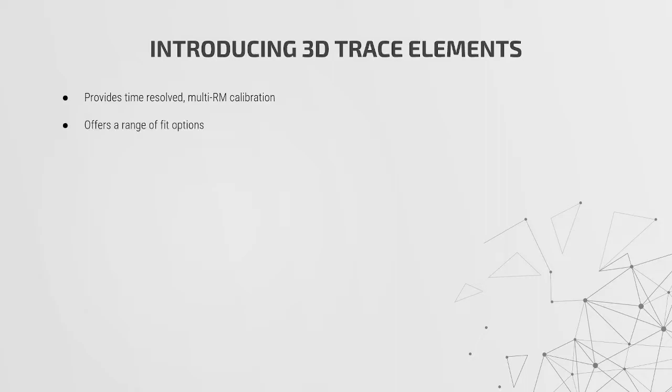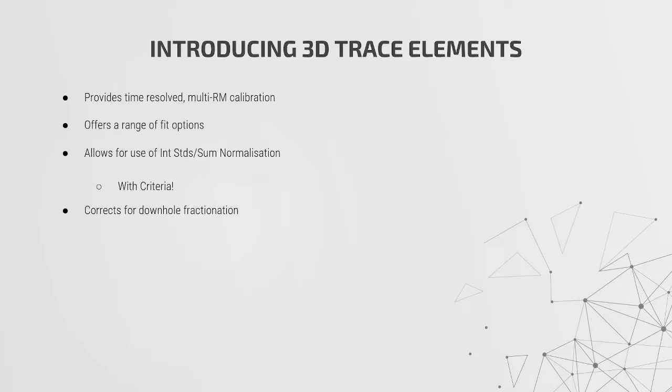We also offer a range of fit options to fit those points to create our calibration curve. And we can still use our internal standards or some normalization to take into account the differences in yield between our reference materials and our samples. And we can do it using criteria, which is a bonus that I'll come back to later on.